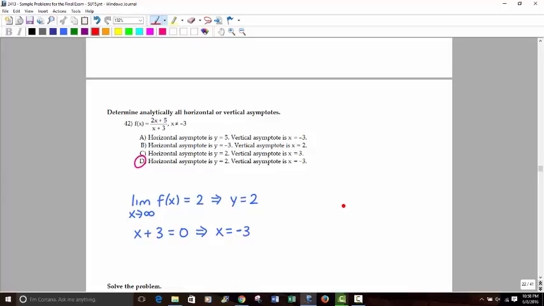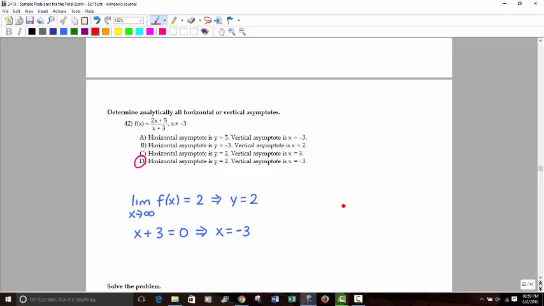But probably the easiest way to handle this one would be, if there is one, there's only one choice it can be. Look at the discontinuities that make the denominator equal to 0, which in this case is negative 3. So the key is, if it makes the denominator 0, but does not make the numerator 0, then it is a vertical asymptote.